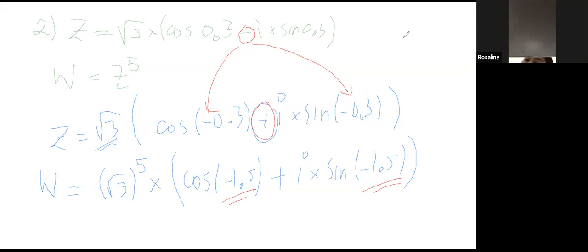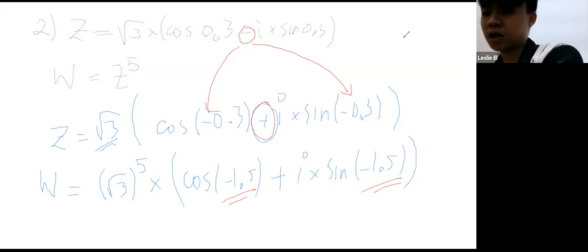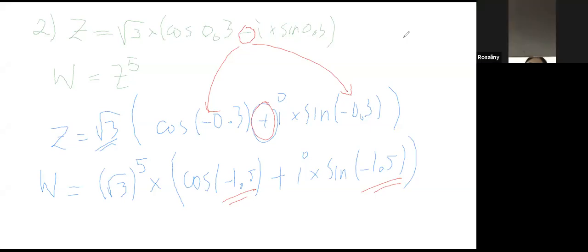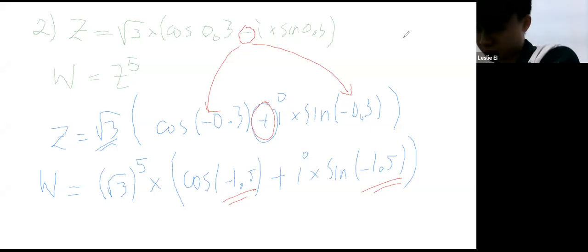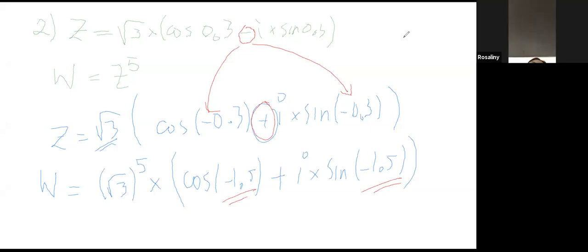Sir, why does the cos have a negative also? The angle has to be the same for both. So it cannot be that cos is positive and sine is negative. If you keep the negative in the sine, then in the cos you also have to put a negative back in. So both of them need to be negative.